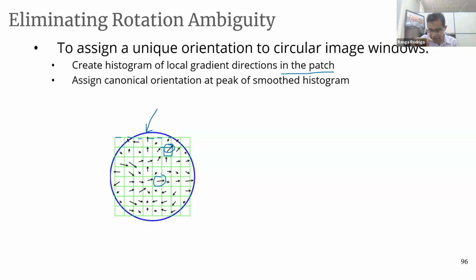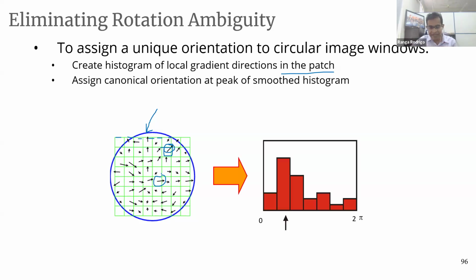Why is a gradient an arrow? Because it is a vector: a partial derivative in the x direction, a partial derivative in the y direction. So therefore it's a vector. We saw that in the morning. Then we synthesize that into a histogram. What that means is, if you find a gradient in the horizontal direction, this one, this one, you put them in the 0 to 22.5 degrees bin, and this one 45 degrees.